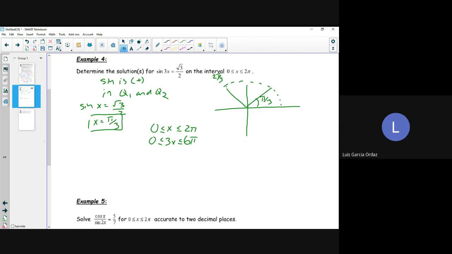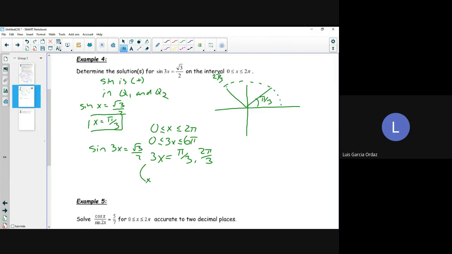So when we have sine 3x is equal to root 3 over 2, we have our x values equal to pi over 3, 2 pi over 3. So sine 3x is equal to root 3 over 2, which means 3x is equal to pi over 3 and 2 pi over 3.